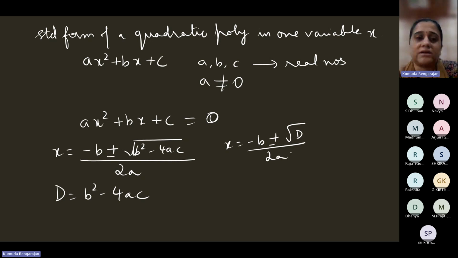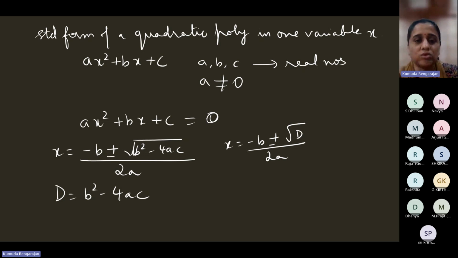And we know that a quadratic equation may not have any real roots, meaning the roots are imaginary or unreal.